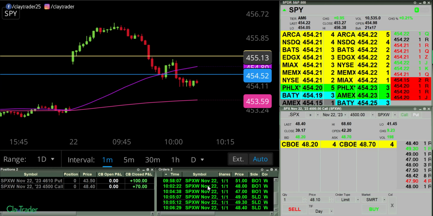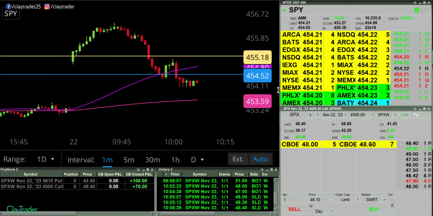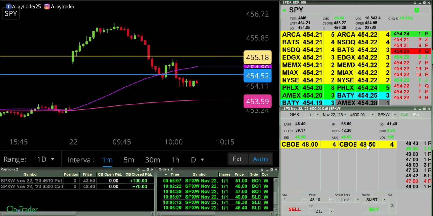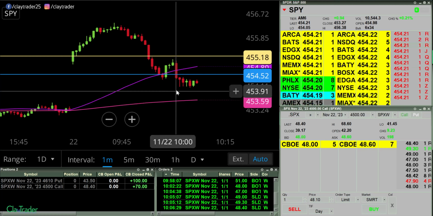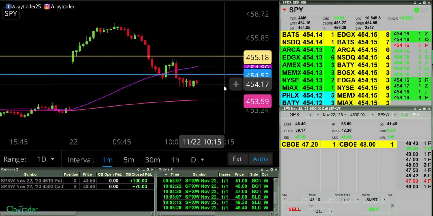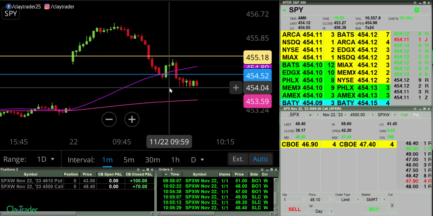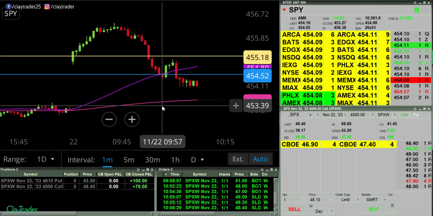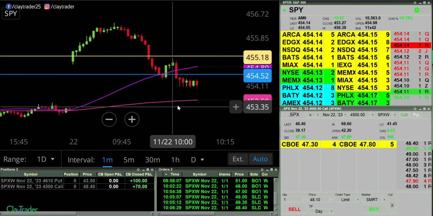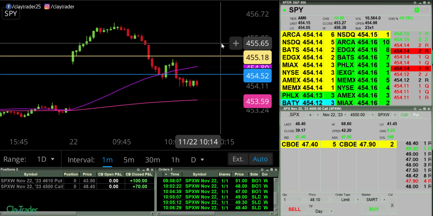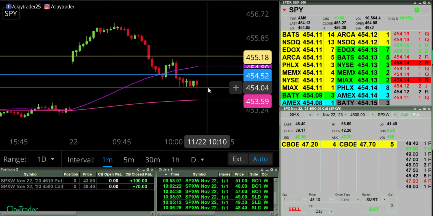So smaller gain on that one. You saw it got up into the 49s, and I tried to let it keep on bouncing, but it just did not want to follow through on that. Now it's coming back down. So had myself positioned very nicely, but I just didn't get any sort of follow through on the upside. So I'm glad I locked in those two aggressively.